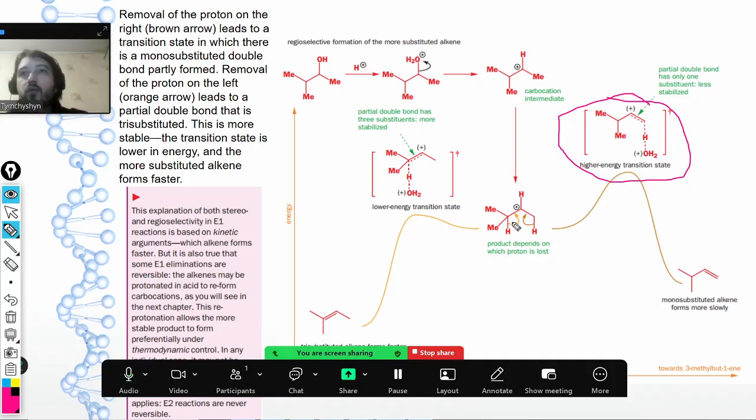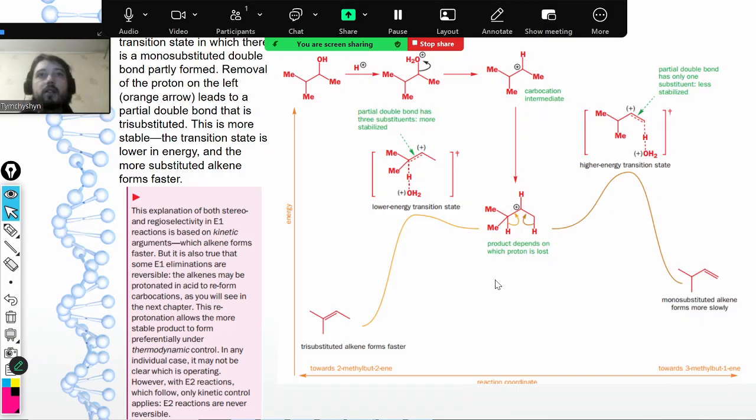While the other proton, this one, if we remove that, this leads to a more stable transition state with lower energy. And that's basically the explanation for both stereo and regioselectivity of E1 reactions based on kinetic arguments. So whichever forms faster will be the major product.